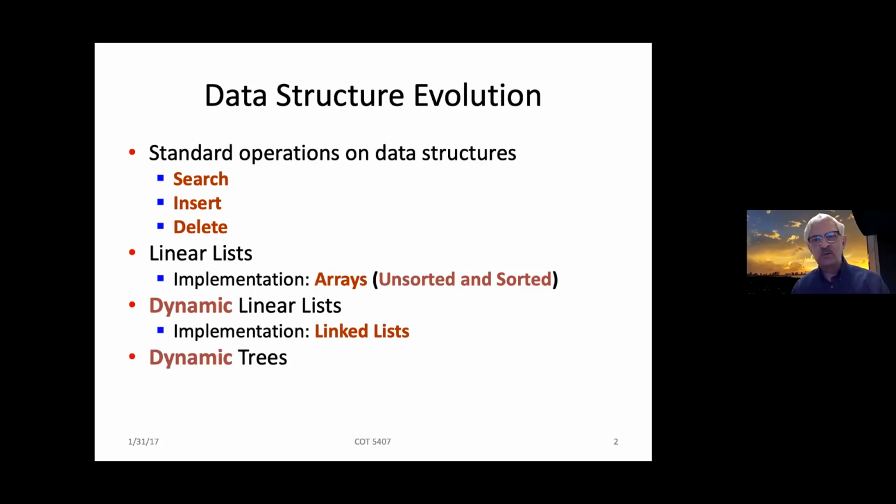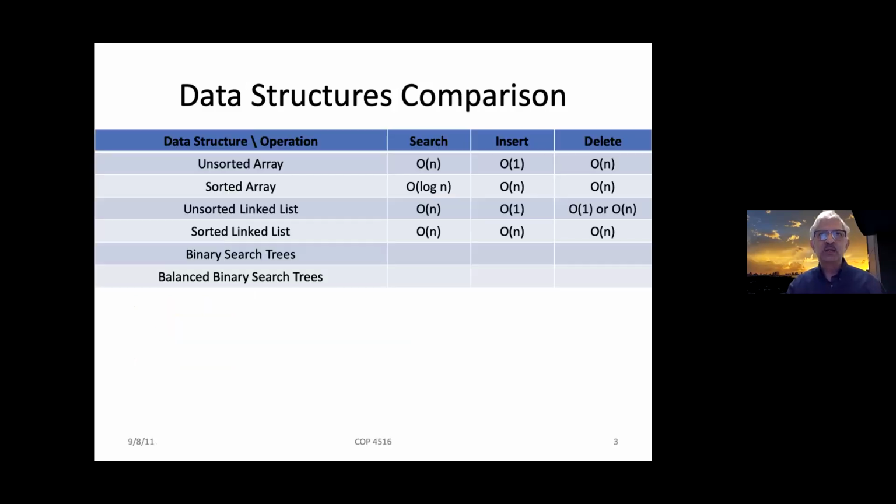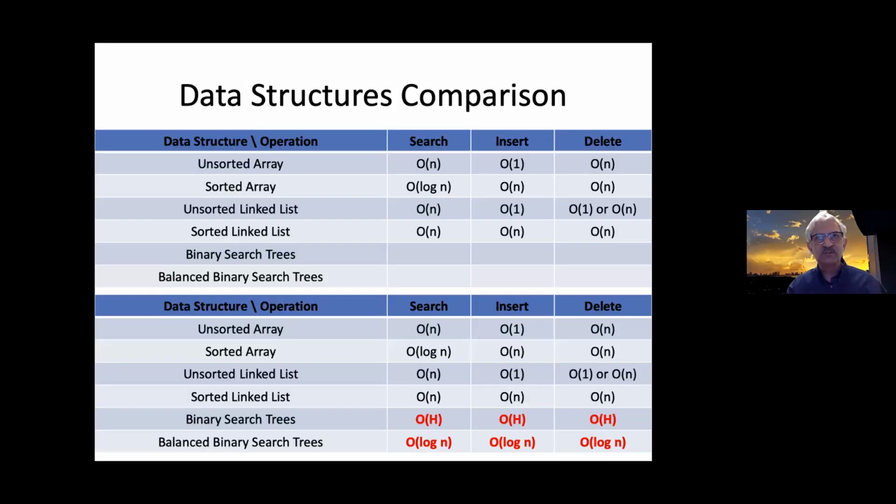And that's how we end up with what are called binary search trees. And that's what we're going to discuss today. I think last time we quickly saw the time complexities in these various operations. And we saw that with arrays, especially with sorted arrays, you could do search fast, but insert and delete was slow.